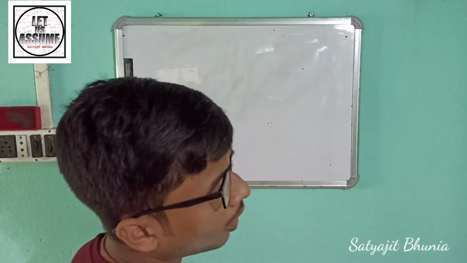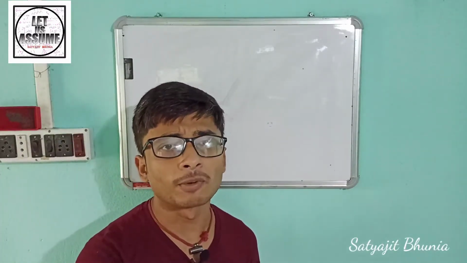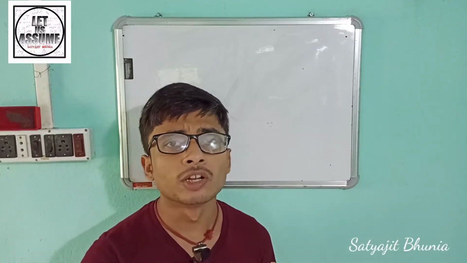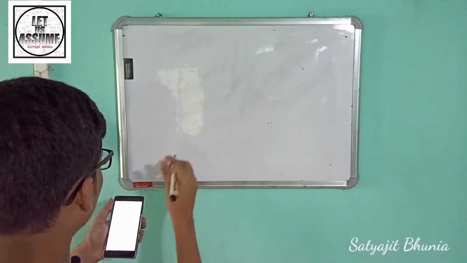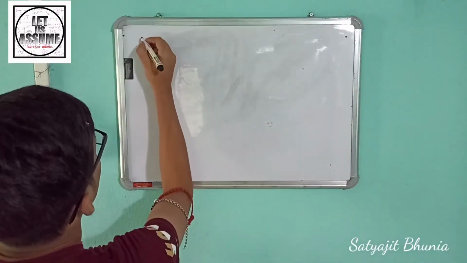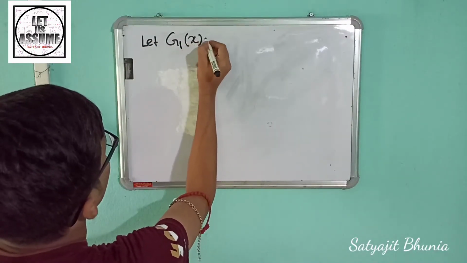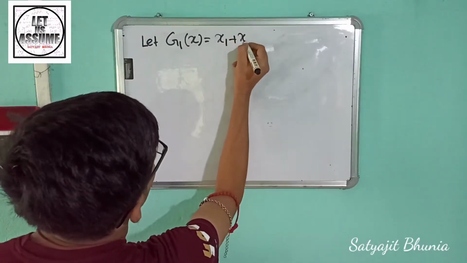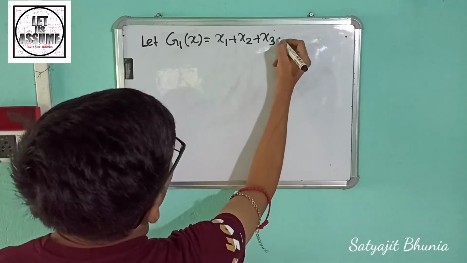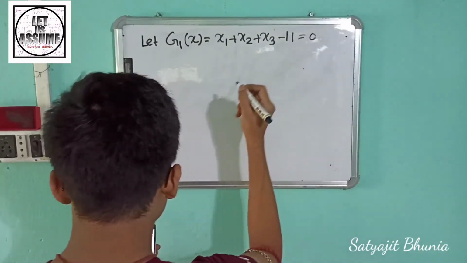According to the procedure discussed in the previous video of operations research, we will proceed to solve the numerical question. First of all, let g1(x) equal x1 plus x2 plus x3 minus 11 equals 0.